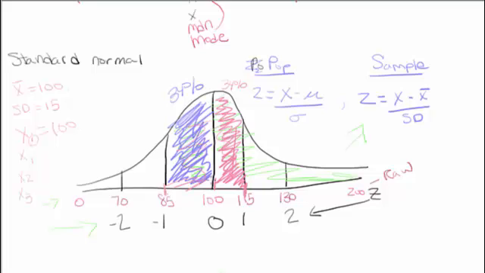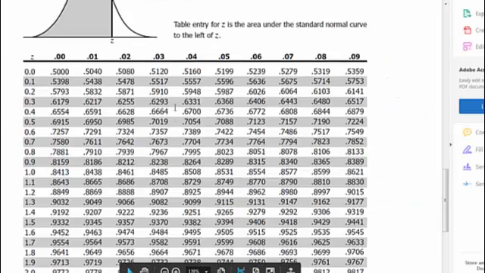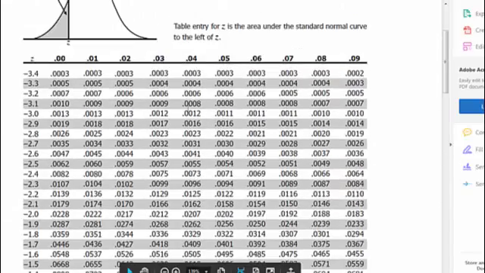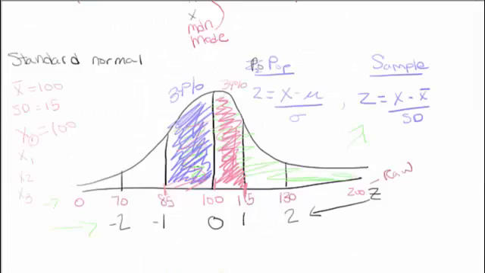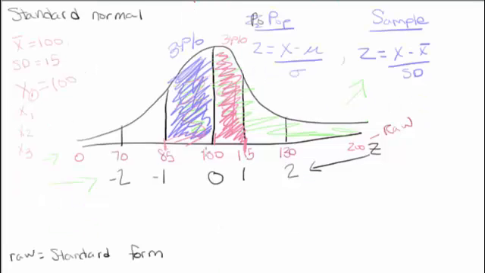We know that they are symmetrical, so you can divide it right down the middle, 50% below, 50% above. We can break this down into the tiniest fractions and know exactly what proportion is to the left of a z-score, what proportion is to the right of the z-score, and there are actually pages and pages of tables giving us these numbers so that we don't have to do those hand calculations.